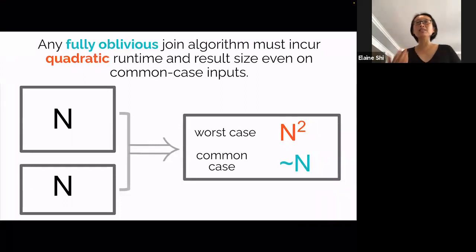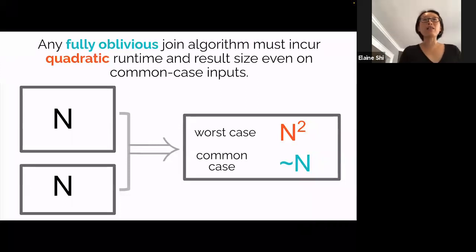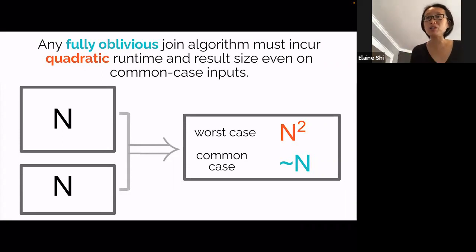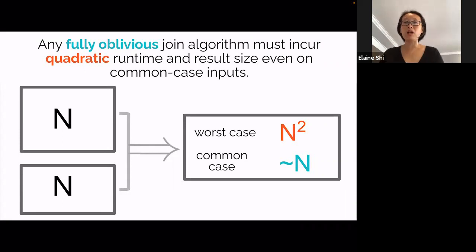However, if we insist on full obliviousness, we have to pad the runtime and result length to the worst case, basically quadratic, even when the actual length may be linear or quasi-linear. So this actually means a polynomial blow-up in performance, not the commonly believed logarithmic blow-up.